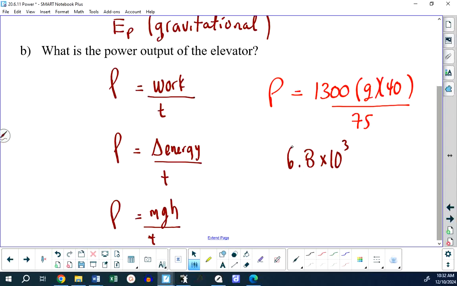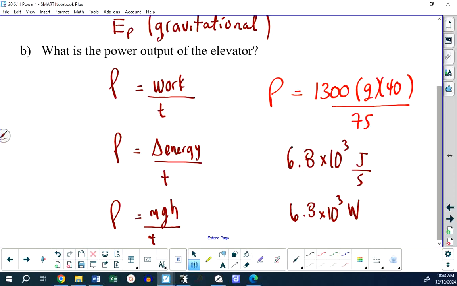I said joules, and I was going to say per second. And then my brain got sidetracked into the rounding. This is joules per second, or watts. By the way, 10 to the 3 is kilo. We could have just said 6.8 kilowatts. Are we okay with B?